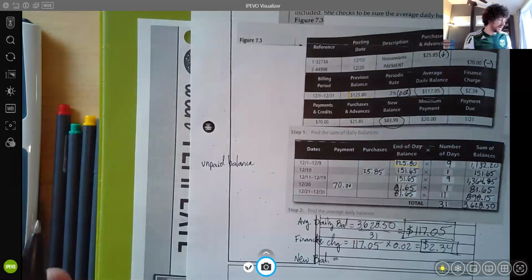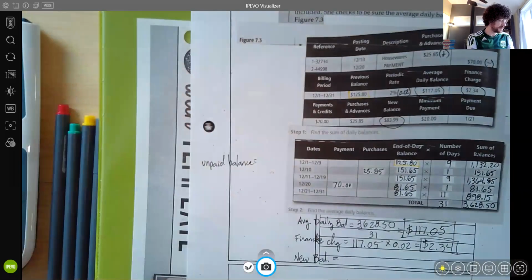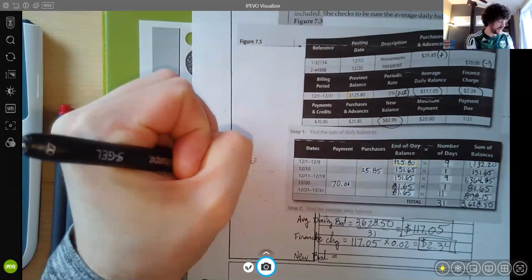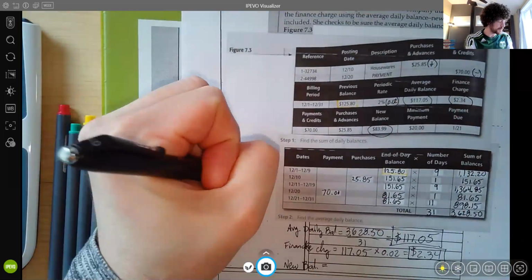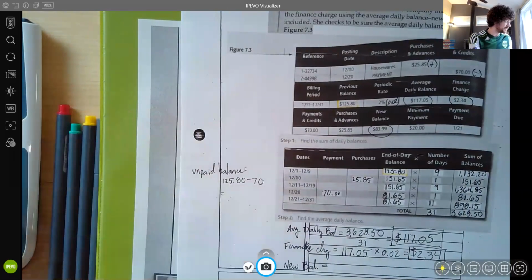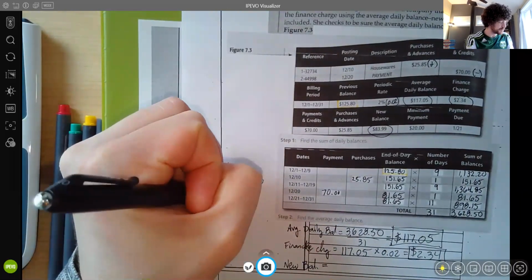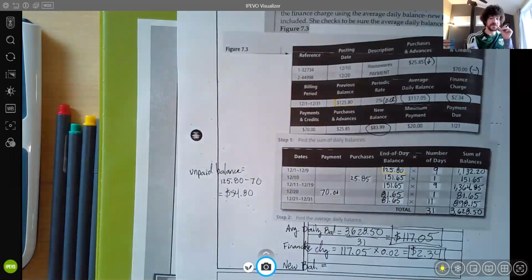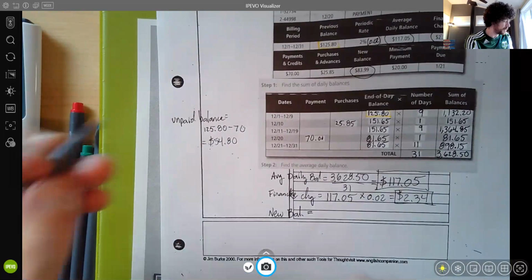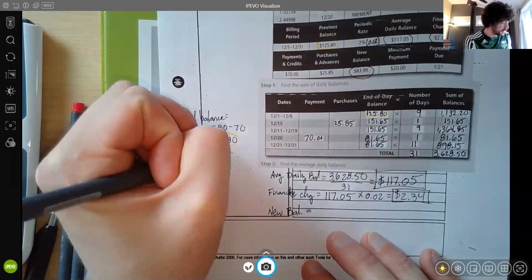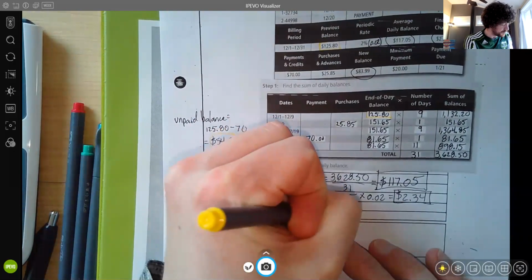So unpaid balance equals 125.80 minus just the payments and credits, so 70. So that equals $54.80. All right, so that's the value that ends up here.